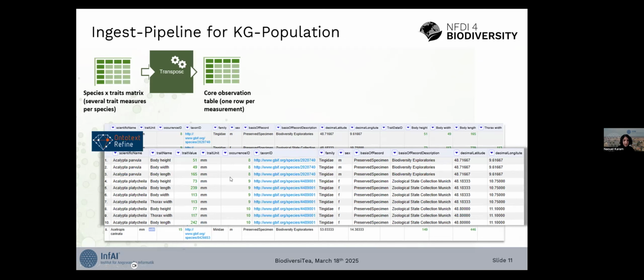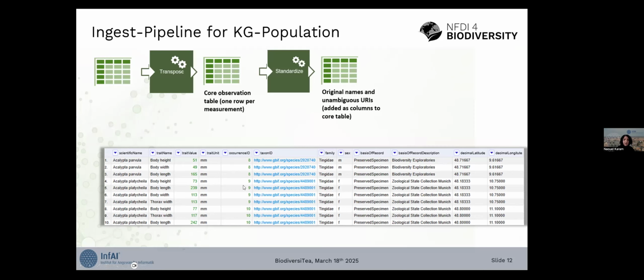So once we have the core observation table with one row per measurement, we can standardize this. So basically adding a column to the core table with the IDs instead of only having the names. For instance, here in the example, there are the GBIF IDs for the species.